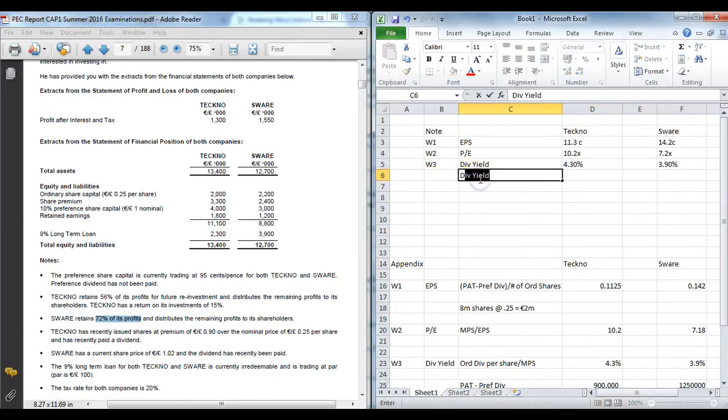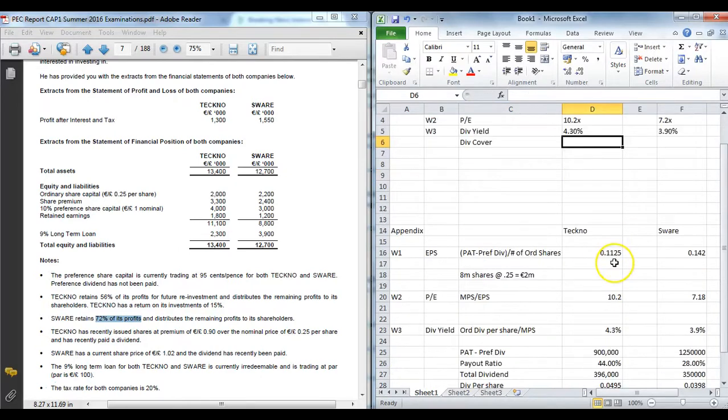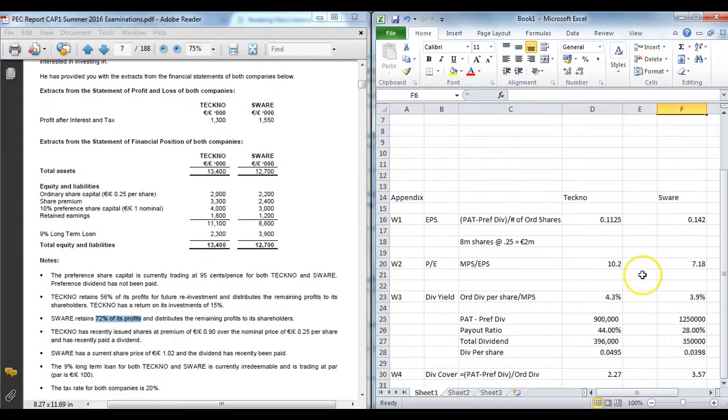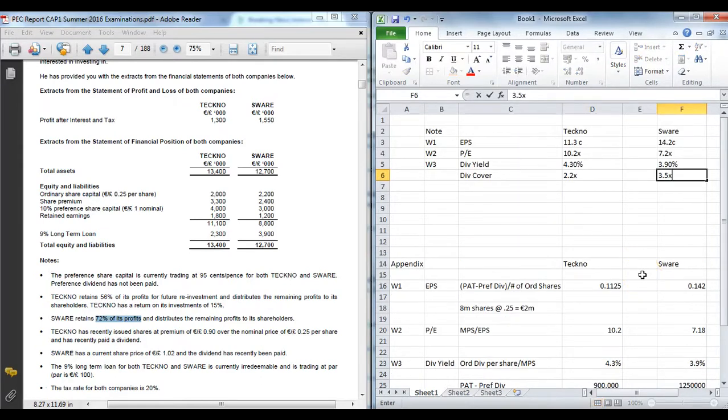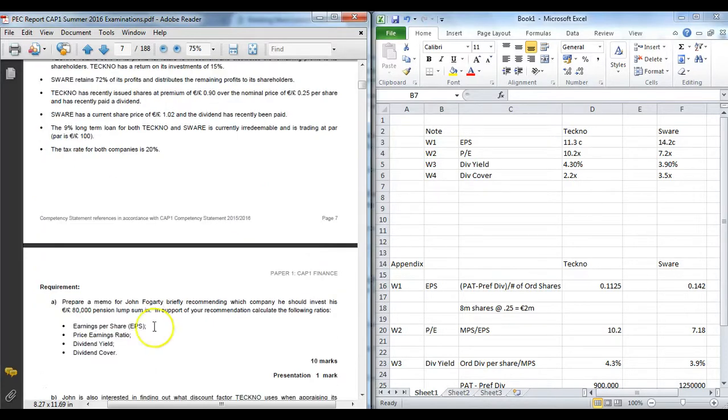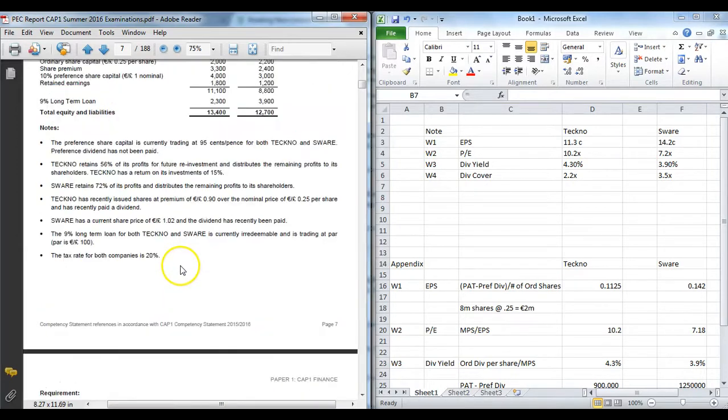So remember, the answer here is in times. So it's dividend cover is 2.265 times, and 3.5x. And I referenced there working 4. So the key point was there, firstly, you needed to know the formula because you won't be given them, and secondly, it's unlikely in an exam standard question that you will be spoon-fed all the numbers to slot in.